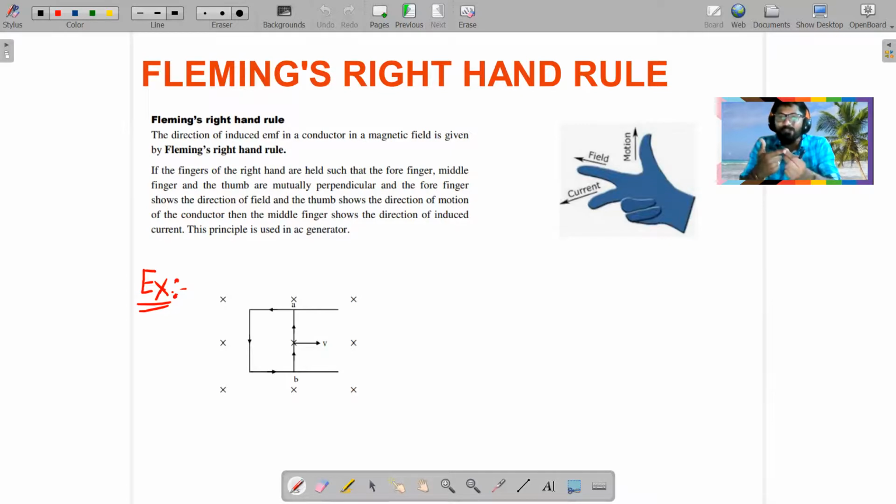The forefinger in the direction of the field, and the thumb in the direction of motion of the conductor, then the middle finger will be in the direction of induced current. With the help of the following example, you can understand this. Again, a cross symbol represents the direction of the field, into the plane of the screen.